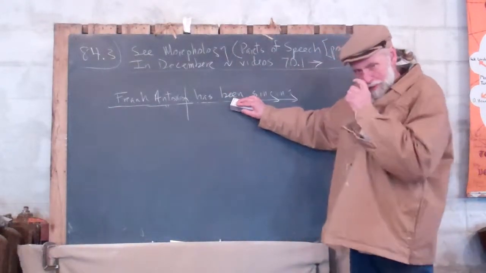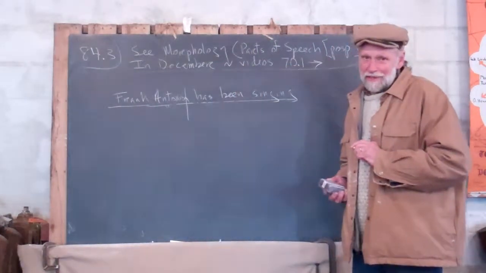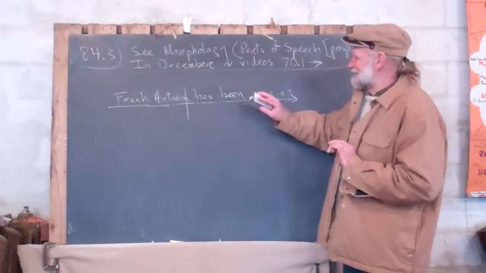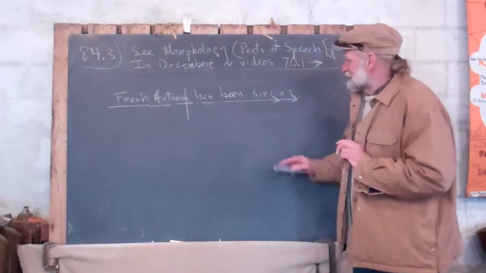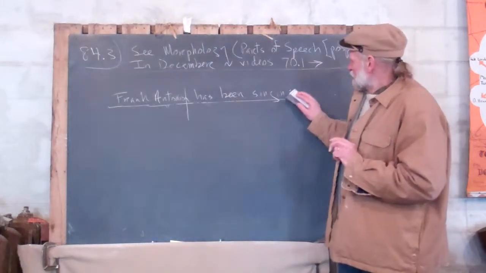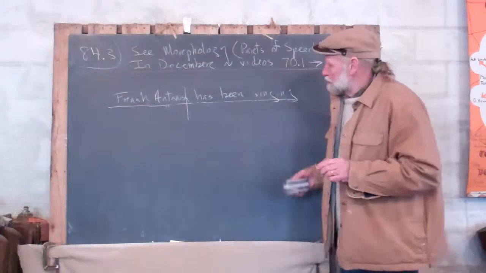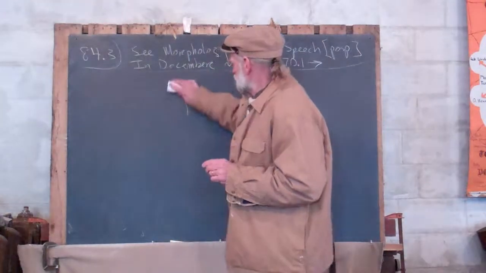Two helping verbs and the main verb. This you would know from morphology. This isn't really part of syntax now. This is part of morphology. We've got the past perfect tense. We've got the progressive form. And I could make that more complicated. But let's go back to something simple.